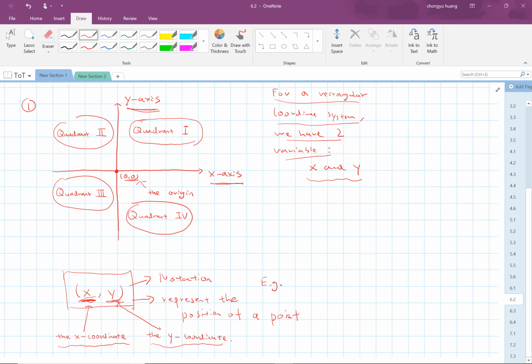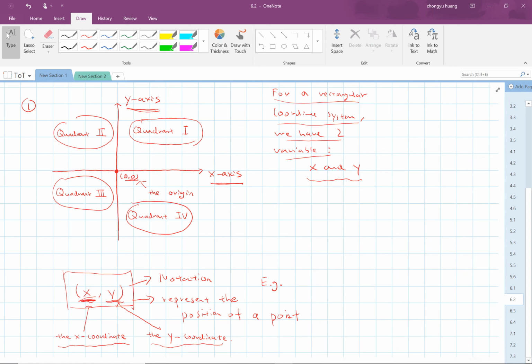You need to remember the order of it, because you can see over here x comes first and then y comes second. That's how you write the notation. Remember, x is always before y. You write the x-coordinate first, and then you write the y-coordinate.